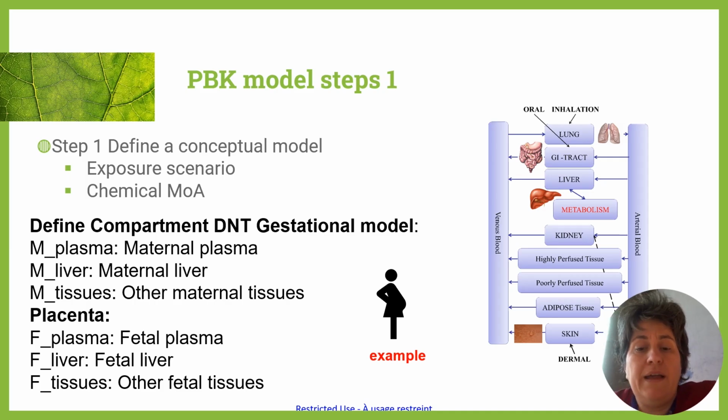Here I have defined, in a very simplistic way, some compartments that are part of this gestational model. We need the maternal plasma and a maternal liver. All other tissues are summed up in one compartment to keep it simple. We have then defined the placenta compartment, which has a fetal plasma, fetal liver, and other fetal tissues lumped together.